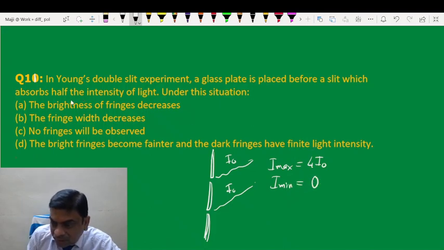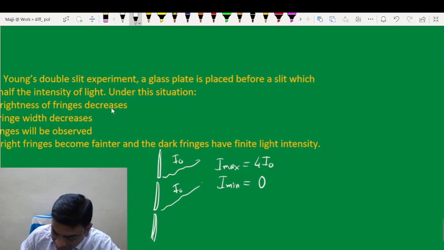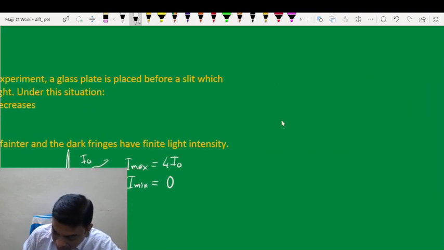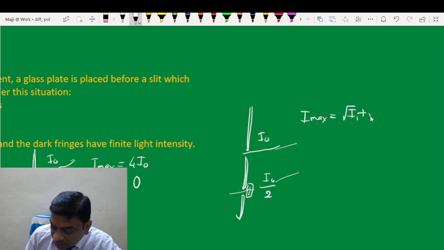In the next situation, it is given that it absorbs half the light intensity. Suppose a slab was introduced and it absorbed half the intensity, meaning the intensity of light coming out there is only I naught by 2. Now if we calculate the maximum intensity, if you recall, the formula for maximum intensity is under root I1 plus under root I2, whole square.